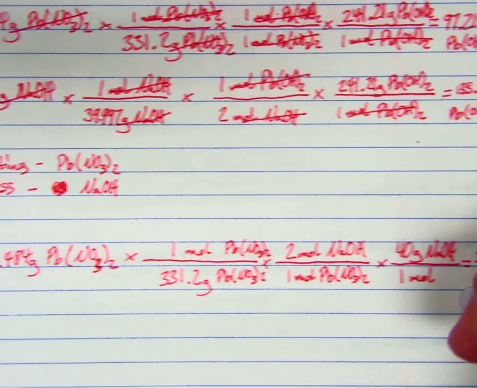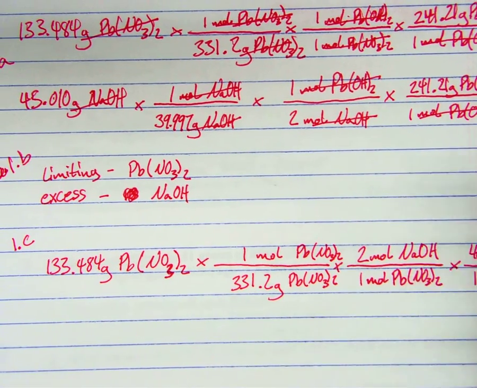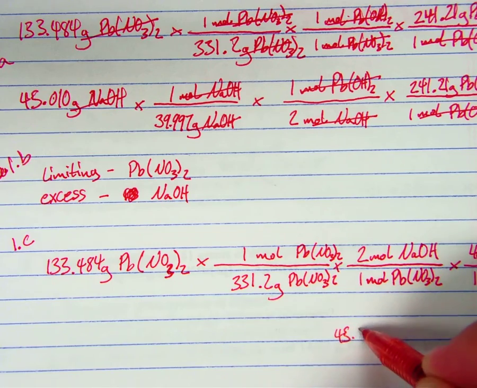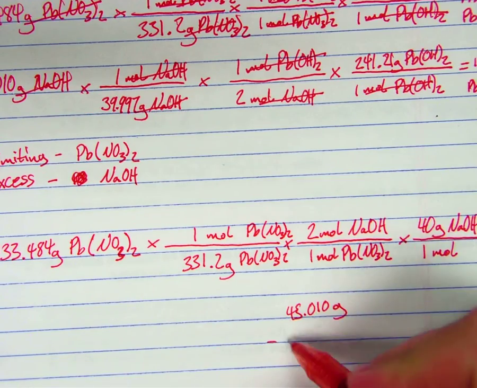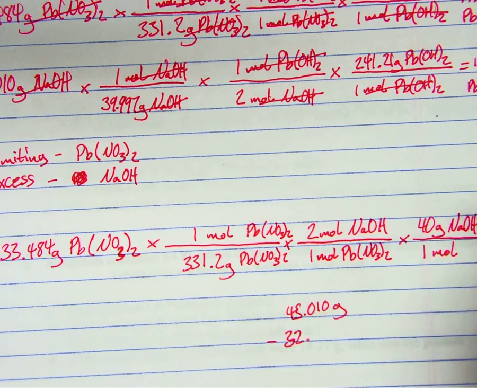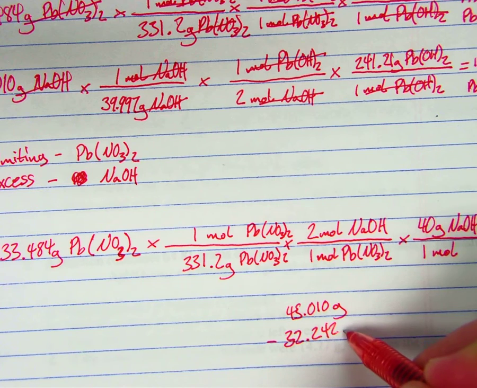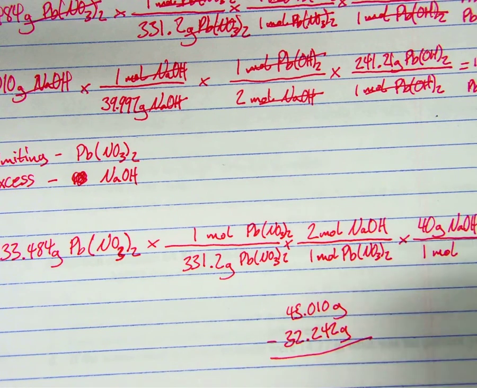Okay, so all I do to figure out excess is I take my 45.010 grams and I subtract my 32.242 grams, and that will give me my excess.